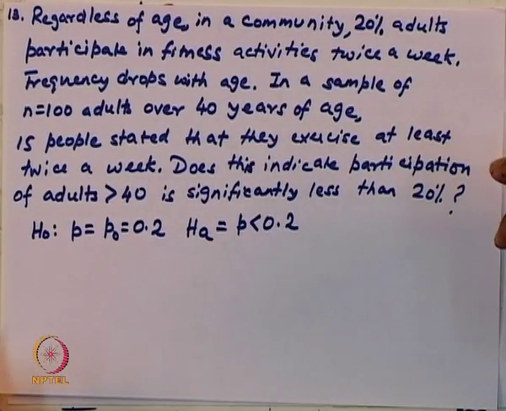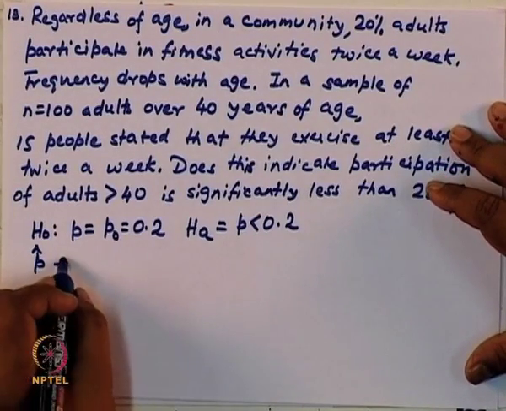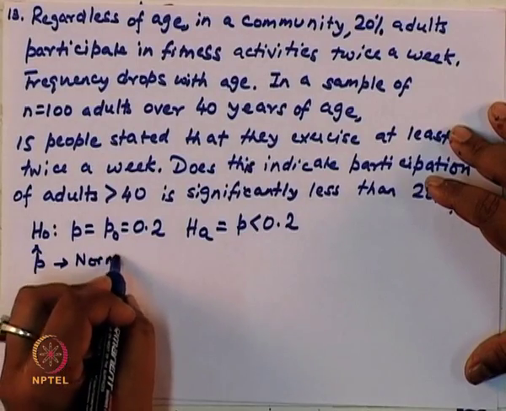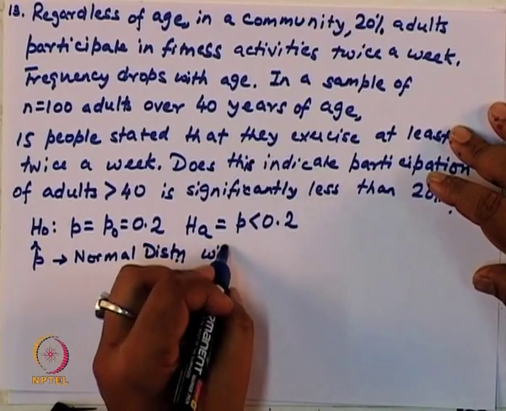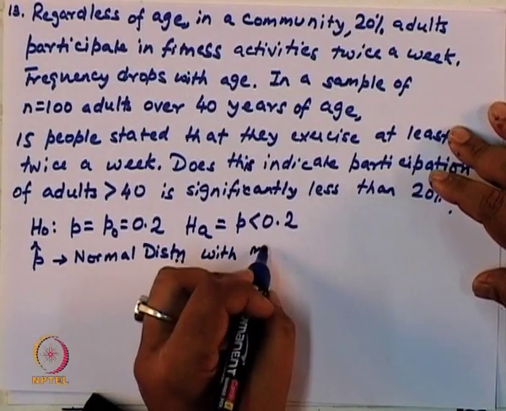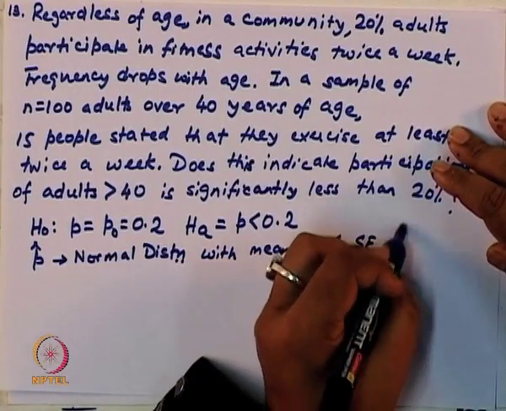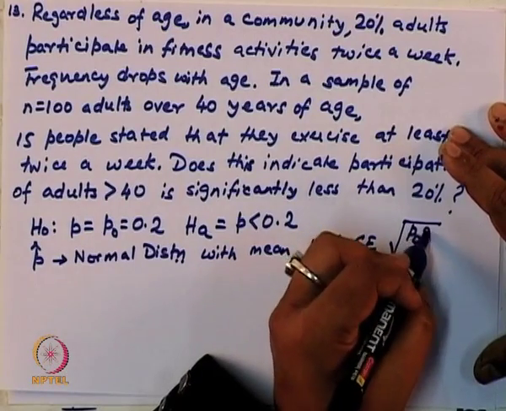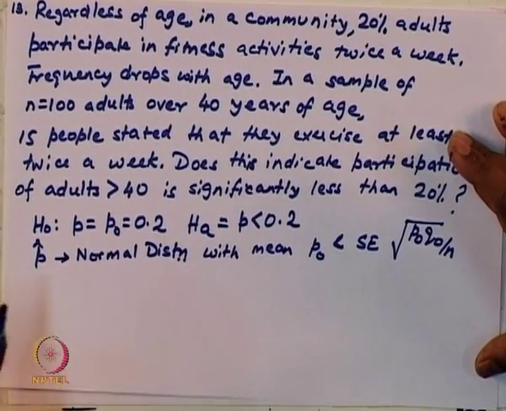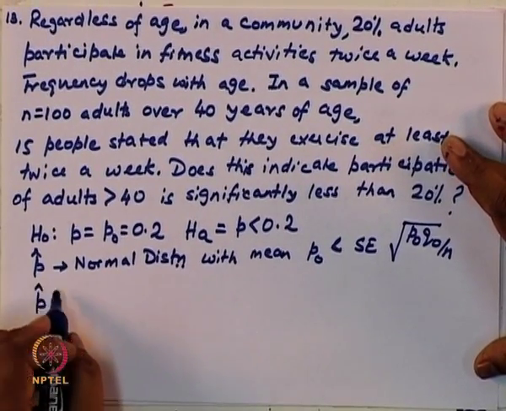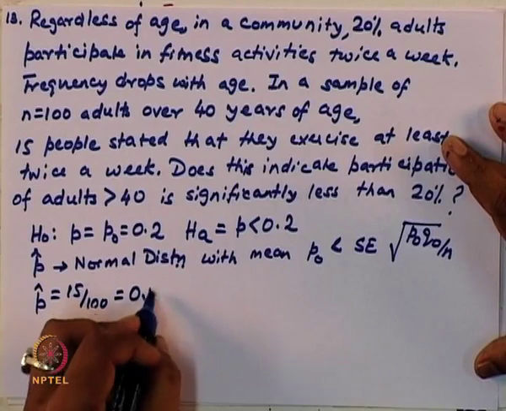Your proportion P hat, we know, follows a normal distribution with mean P naught and standard error root of P naught Q naught by n. But in your specific case, you know P hat is 15 out of 100, which is equal to 0.15.